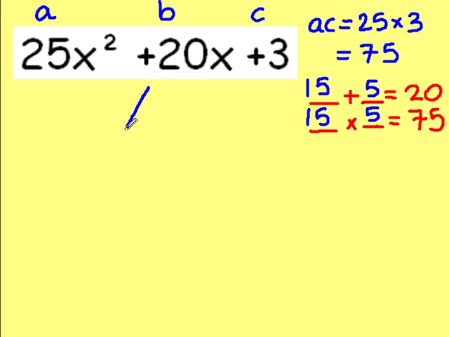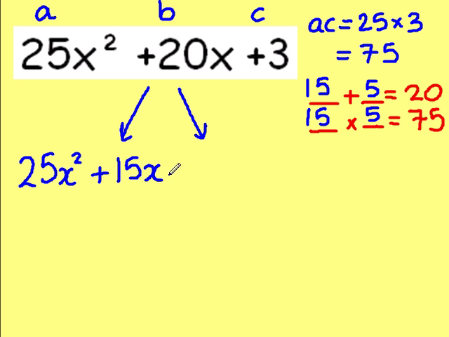So breaking the middle into two components, starting with my 25x squared, putting on my first factor 15x, my second factor plus 5x, and not forgetting my constant at the end.